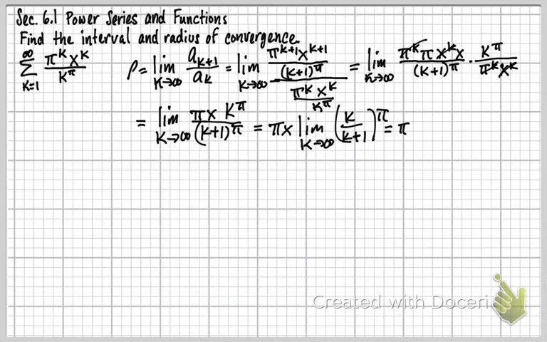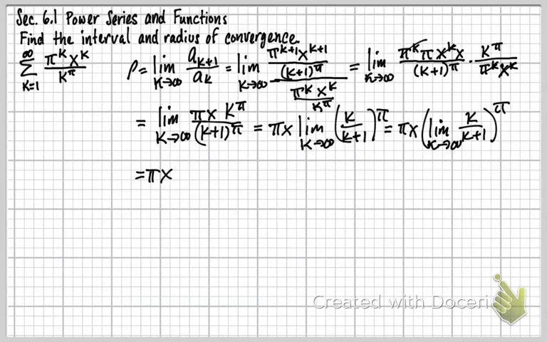And then from here, I can get into that power. So what I mean by that is, I have a parenthesis here, and I'm taking the limit as k goes to infinity of k over k plus 1, to the pi power. It's like a composition that I have with limits when they exist. So then this equals pi x.